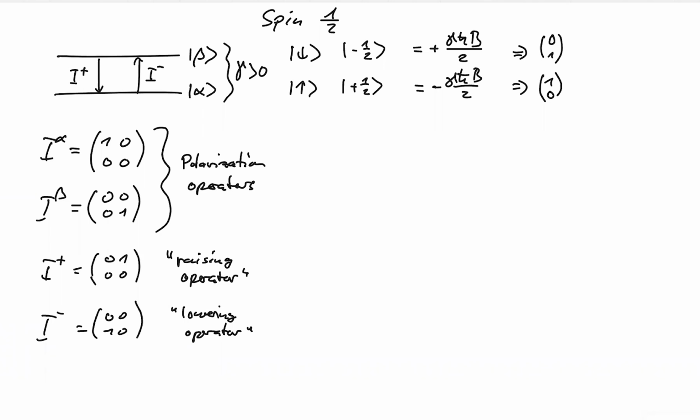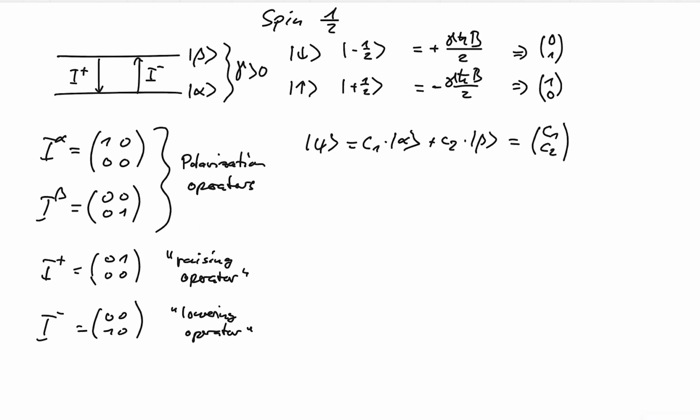So now if we have an arbitrary spin state, we can always describe it here as psi equal C1 times alpha plus C2 times beta. And we can make the shorthand notation that this is simply the vector C1, C2.